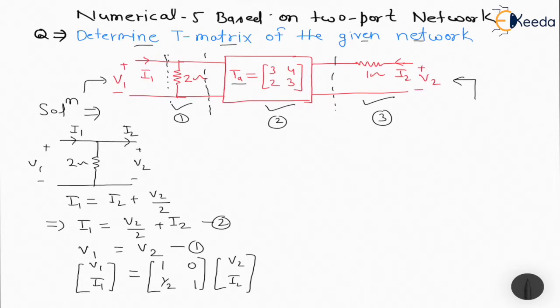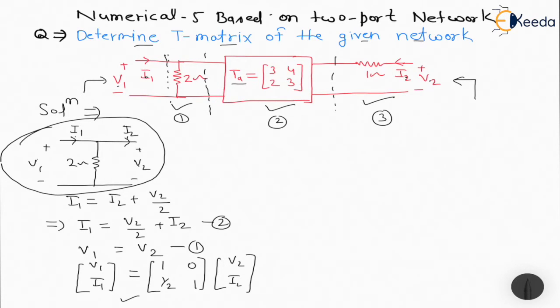You do not need to get confused between this V1, I1, V2, I2 and that V1, I1, V2, I2. I have written V1, I1, V2, I2 here only to find out the ABCD parameters of this independent circuit. We have calculated the ABCD parameter for the first circuit.